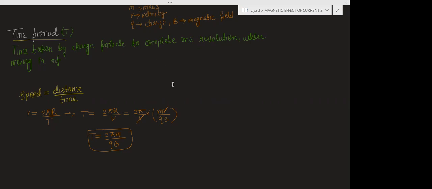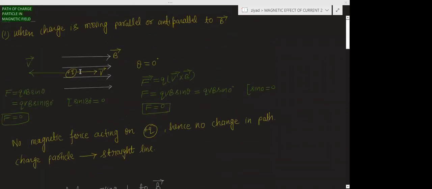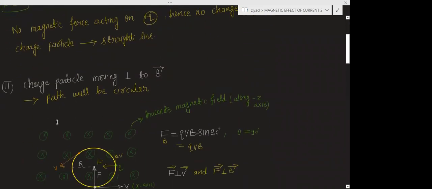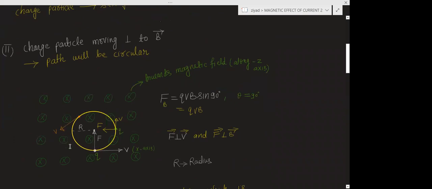I am saying when the charged particle is moving parallel to the magnetic field, what will be the path of the charged particle? See this case. Here the charged particle is moving parallel to the magnetic field. Here the path of the charged particle is a straight line. And when the charged particle is moving perpendicular to the magnetic field, the path of the charged particle is circular. This thing you should remember.